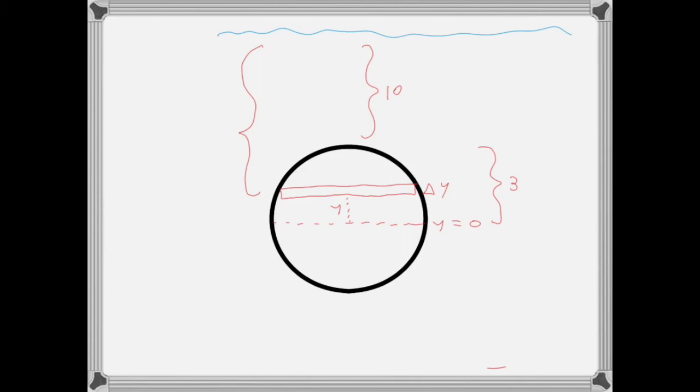We know that the total distance down is 13, but then we have to take away the y. So we know it's going to be 13 minus y. That's going to be this guy right here, 13 minus y. All right, so this is the depth. So we're ready to write that down. We know that the depth is 13 minus y.